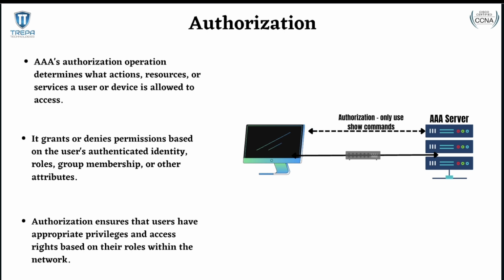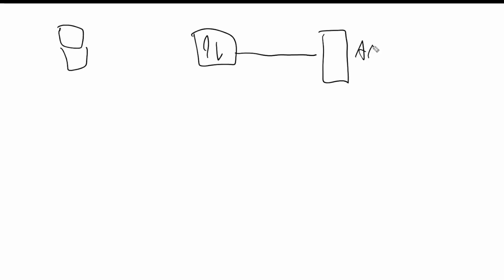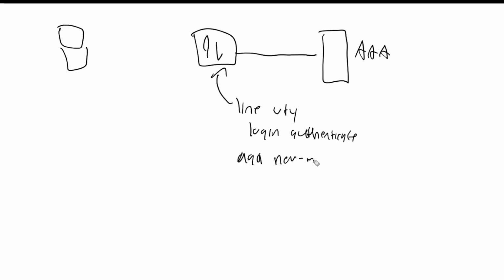So let me bring up a whiteboard here. Let's say we have this user here. We have this switch, and then it's connected to a AAA server. And we have it configured on this switch that says your line VTY lines are going to be login authenticate. And then we have a couple lines configured on this switch that say AAA new model.